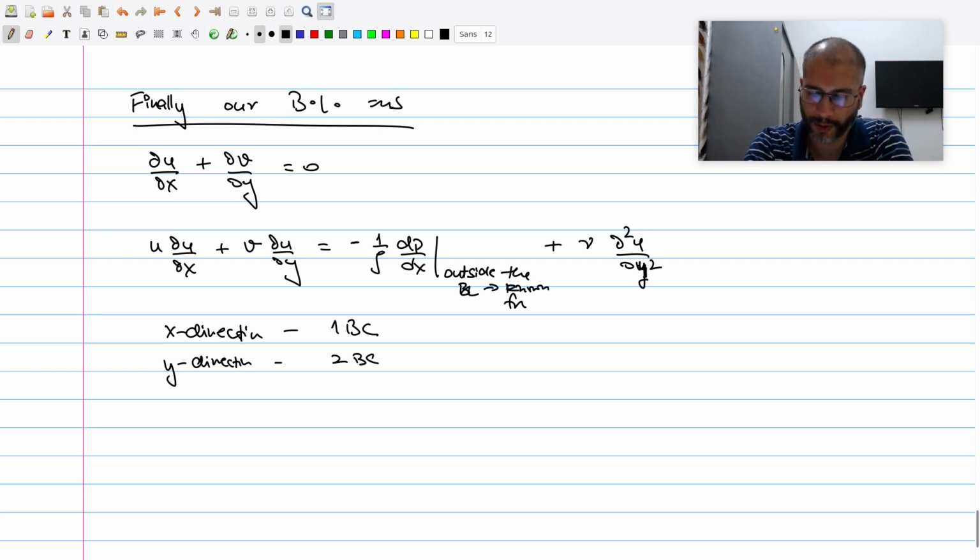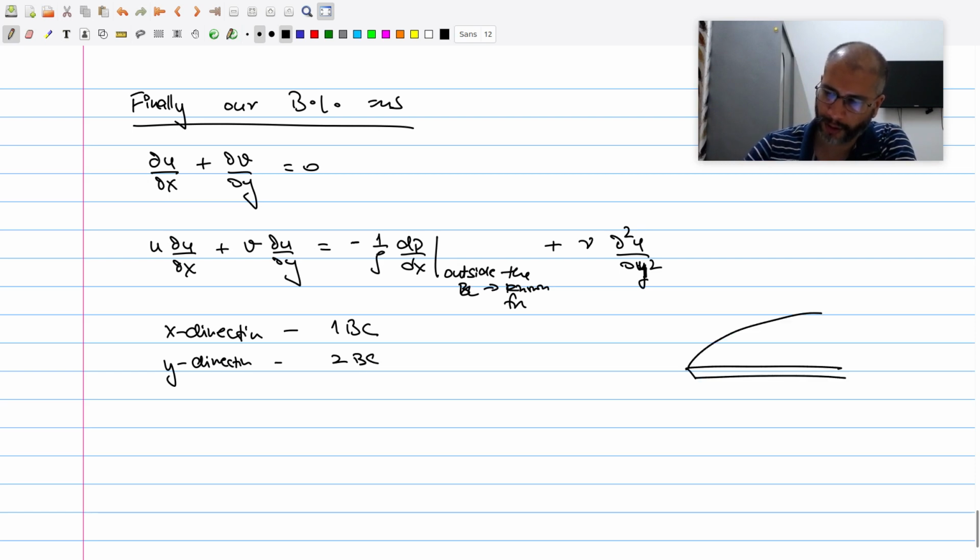So we will have two constants of integration and we will have to find out those two constants using two boundary conditions in the y direction. And that was what I meant in the beginning, that in a boundary layer differential equation solution all you need is the inlet boundary, that is you need the value of u at x equal to 0, which is u infinity, but you do not require an outlet boundary condition because of this idea.